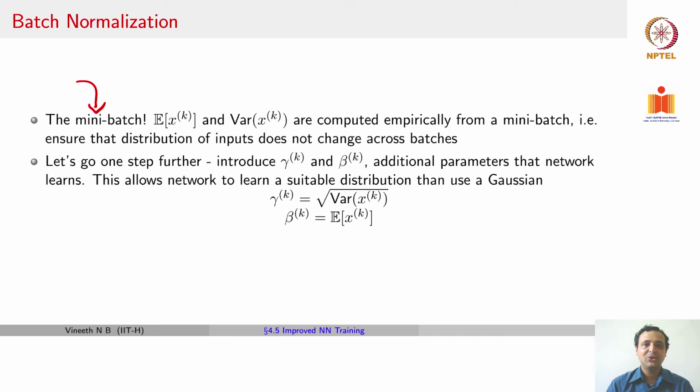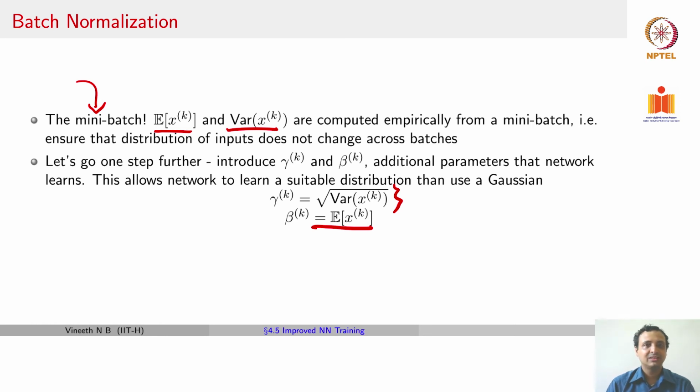Since we train neural networks using mini batch SGD, we could try to see if we could compute the mean and variance of any layer's outputs in a mini batch, and then subtract the mean and divide by the variance to normalize them in some way.